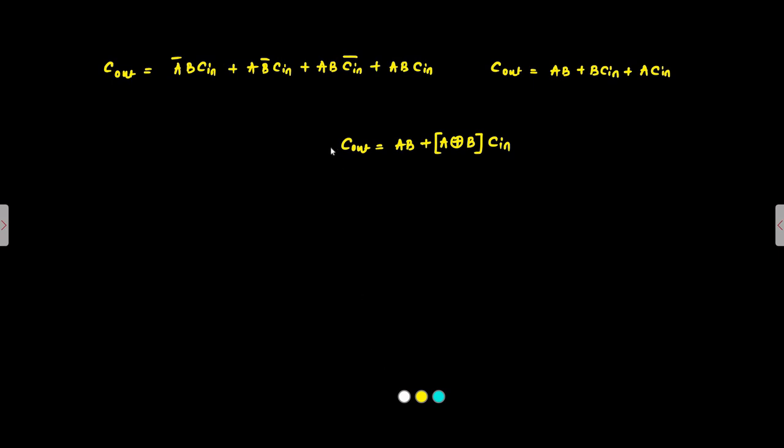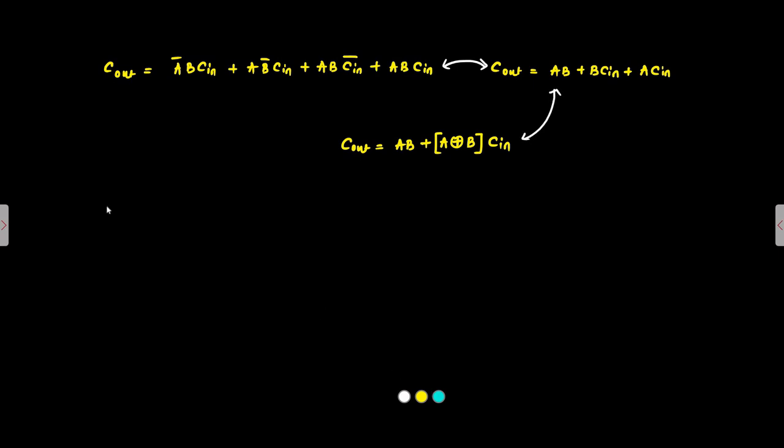Now we will prove how this is equal to this using Boolean algebra. Okay, we'll discuss that. Now our objective is to show how this is equal to this.